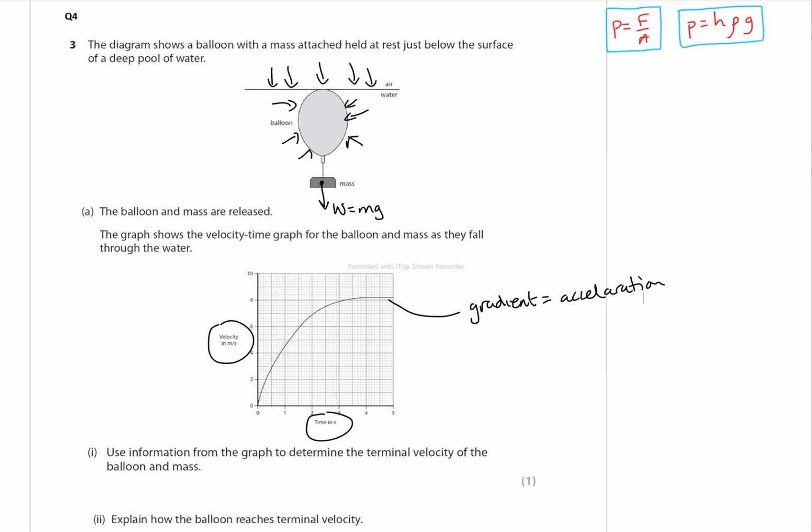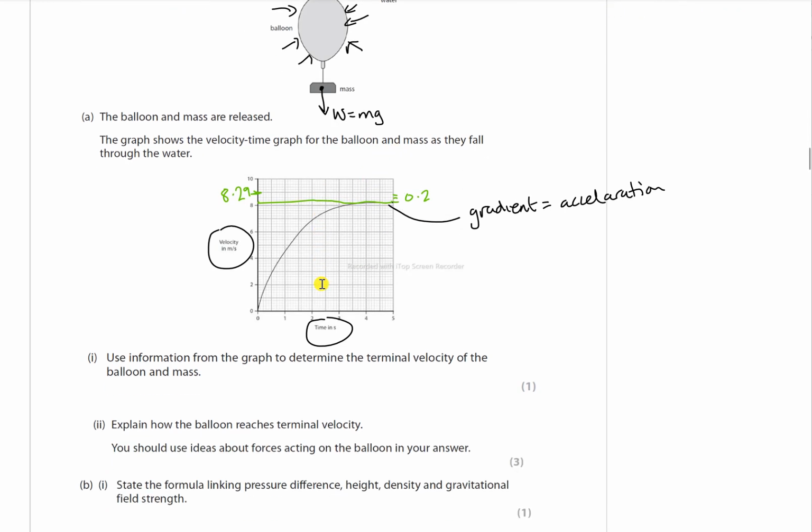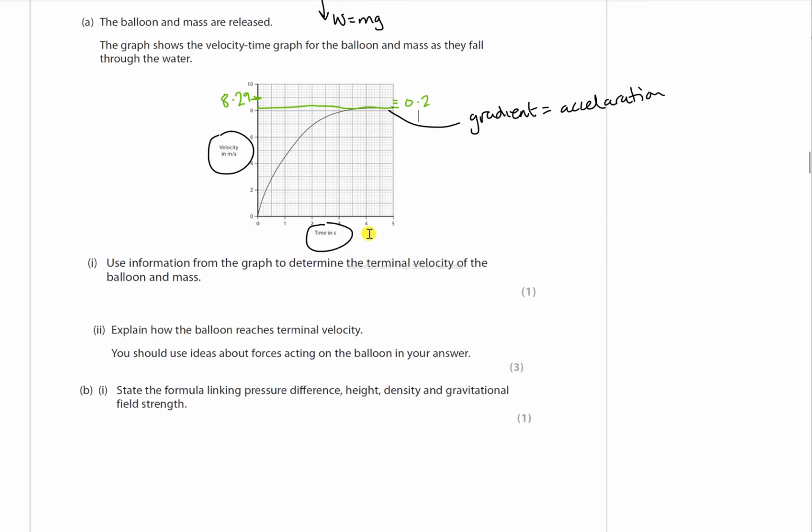So what you do is you get a ruler, and you draw a straight line across there, and you'll measure this and it'll say 8.2, because this is 9, we know each one of these 5 squares is 0.2. Be careful with that. It can trip you up, so it trips us all up. So that was simply just reading it off as 8.2 meters per second.